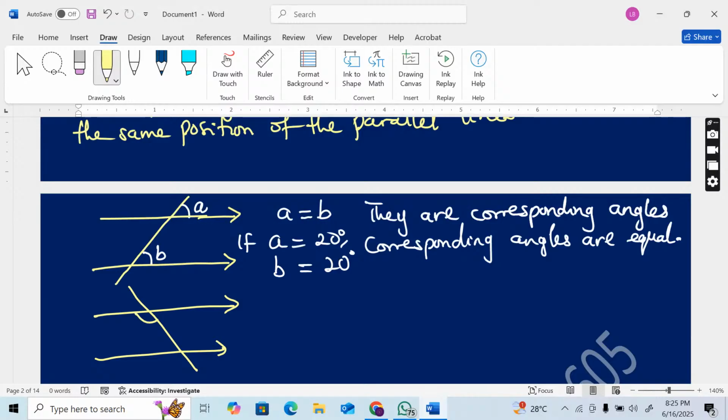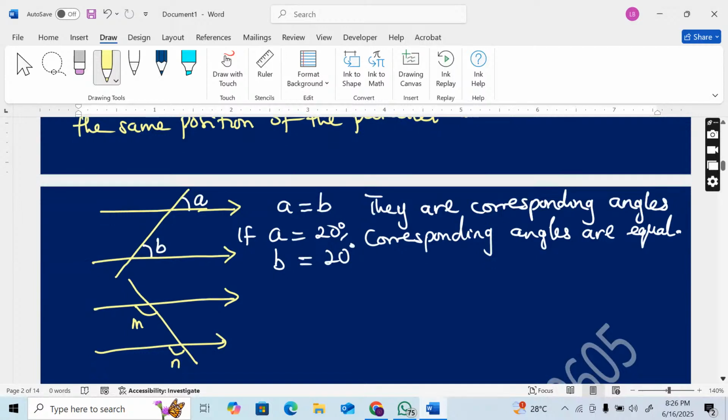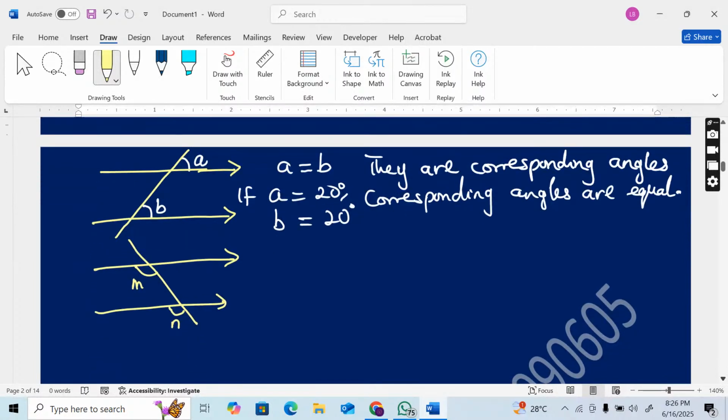So if I have angle M and I have angle N, if you look at angle M, it is below the parallel line on the left side of the transversal. That is the first parallel line 1.